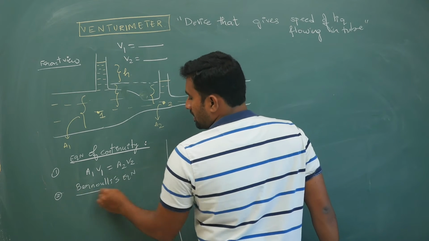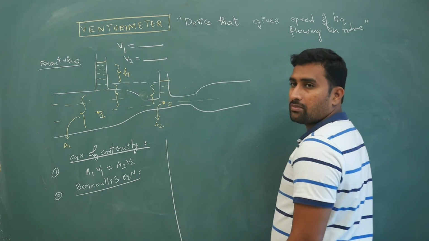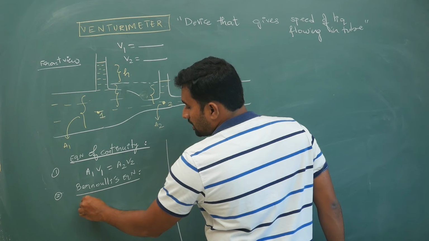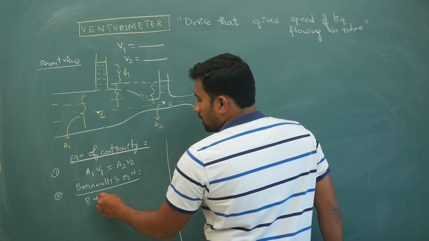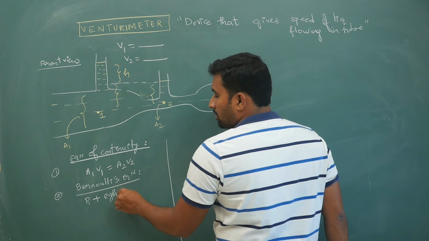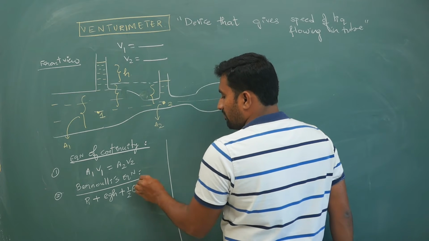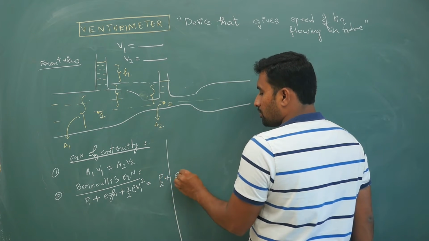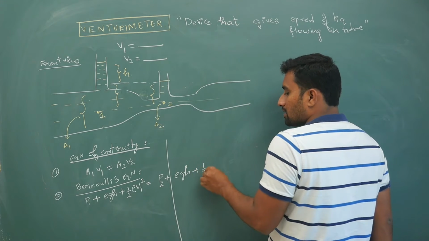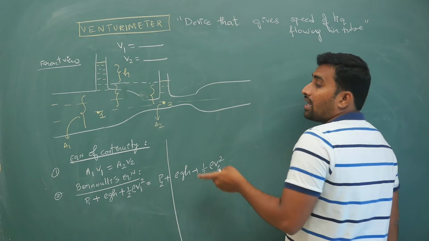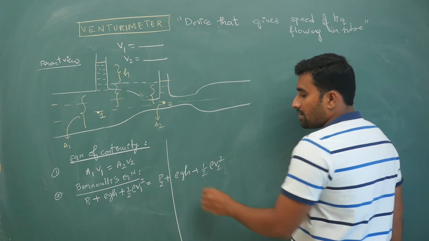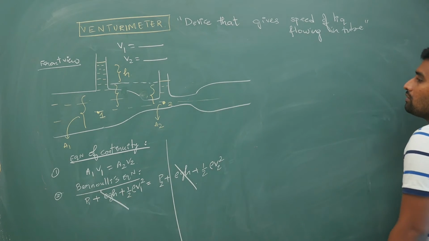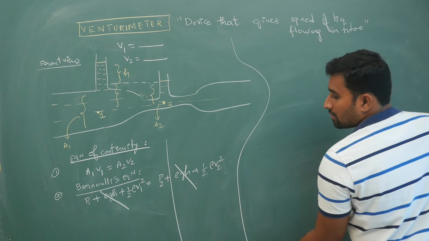If I apply Bernoulli's equation between points 1 and 2: P1 plus rho g h from the ground plus half rho V1 square equals P2 plus rho g h plus half rho V2 square. I told you these 2 points are at the same height from the ground, so these 2 terms will cancel off.